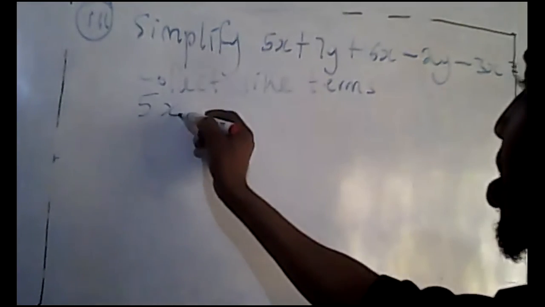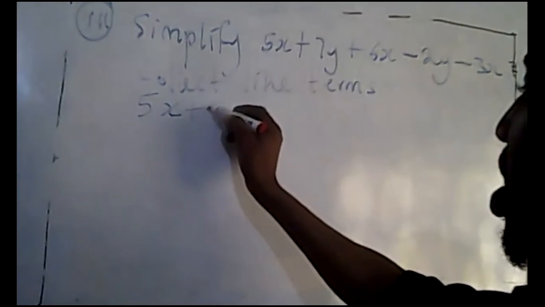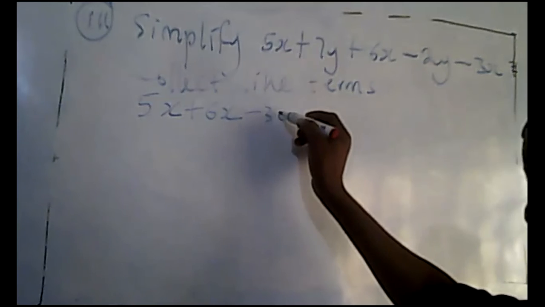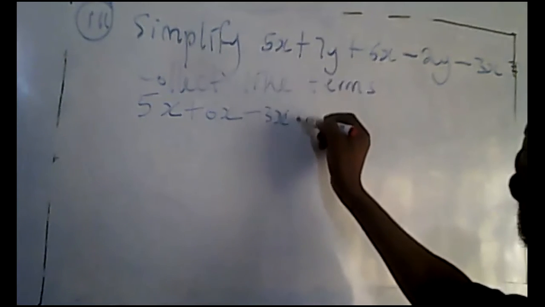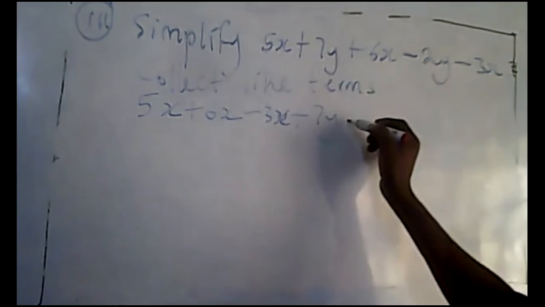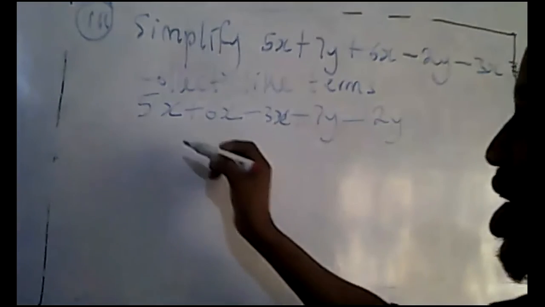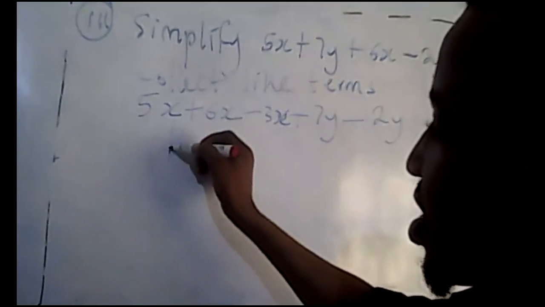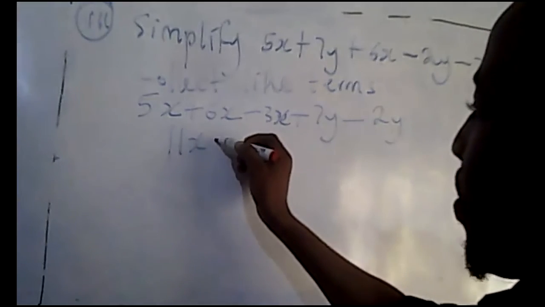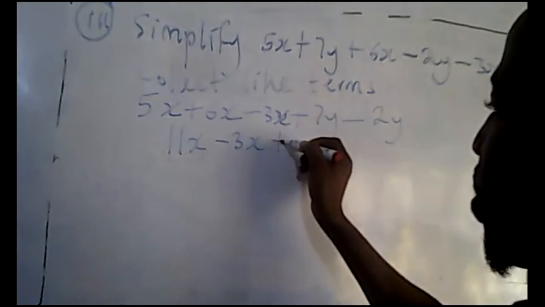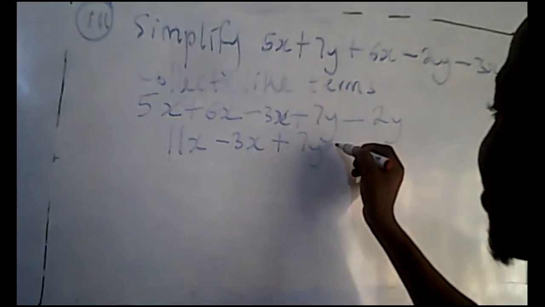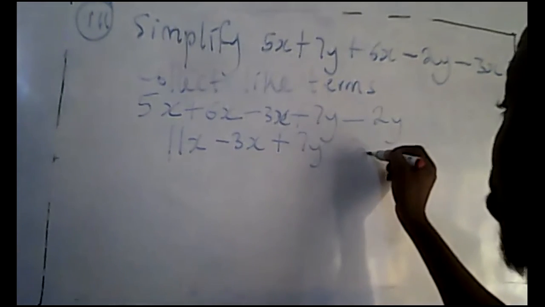So let's do that. 5x plus 6x minus 3x plus 7y minus 2y. 6x plus 5x gives you 11x. 11x minus 3x plus 7y minus 2y.